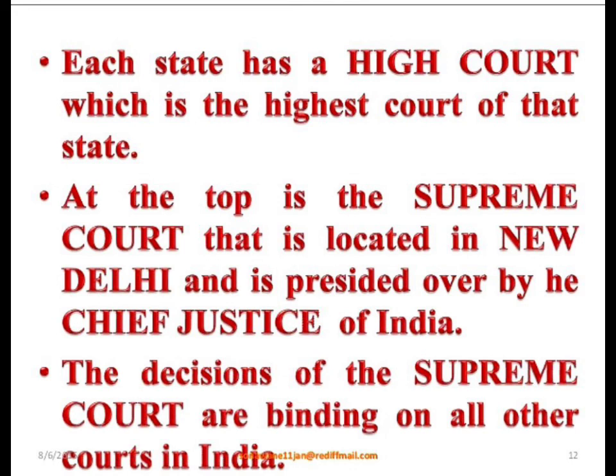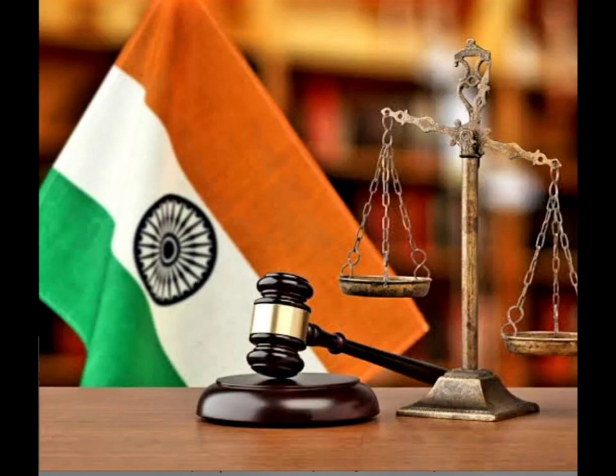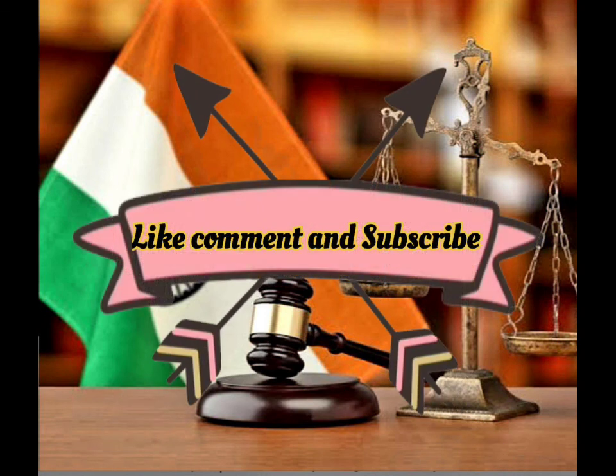At the top is the Supreme Court that is located in New Delhi and is presided by the Chief Justice of India. The decisions of the Supreme Court are binding on all other courts in India. सबसे बाइंड होके किस केस में क्या क्या निकला सबसे वो होके आता है. ठीक है, लोअर में क्या आया, हाई कोर्ट में क्या आया, एंड फाइनली द डिसीजन ऑफ सुप्रीम कोर्ट.